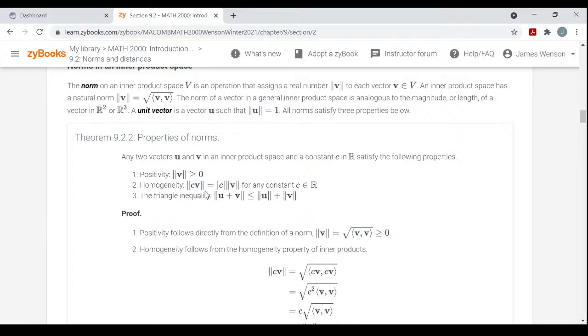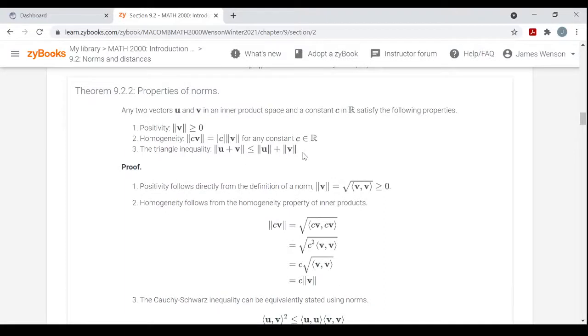So you see this norm of cv is the absolute value of c times the norm of v for any constant in the reals. And again, this second property just follows from the homogeneity property of an inner product.